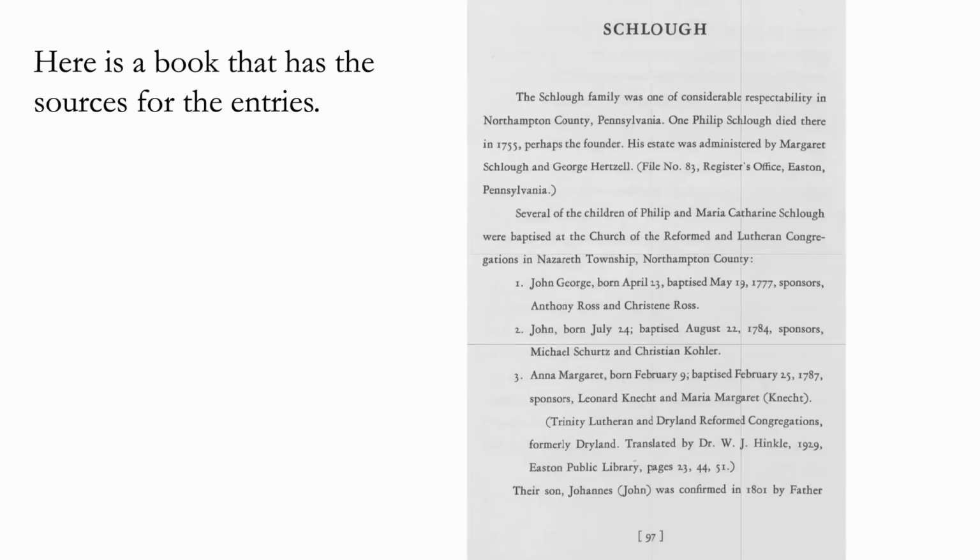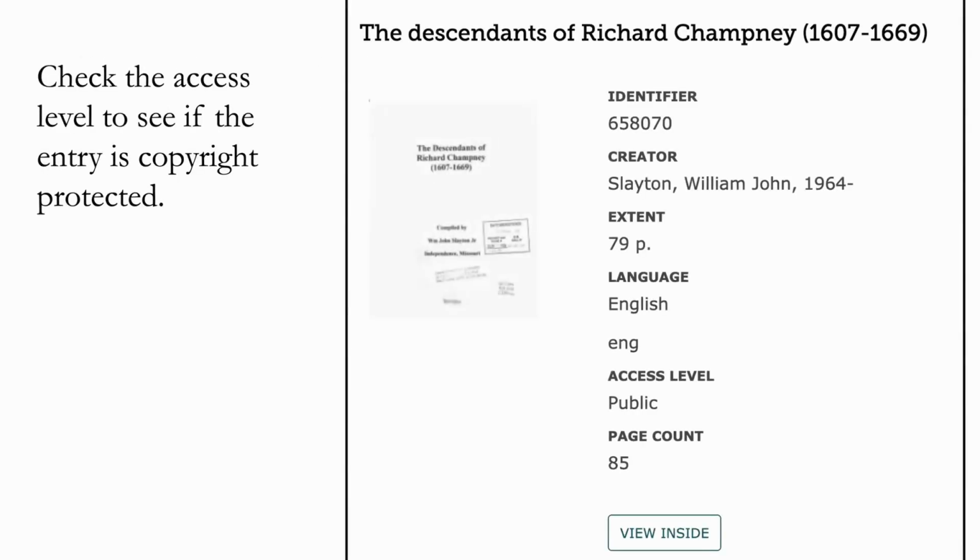So if you've got a place named Easton, Pennsylvania, and you come down here to some other places mentioned in here in Nazareth Township, then you want to be able to say, how far is it from Easton to Nazareth Township? Did this person actually tie these people together, or did you just find somebody with the same name and assume that it was correct? So those are the kinds of things that you would start out looking at.